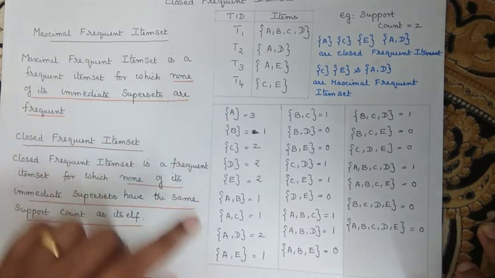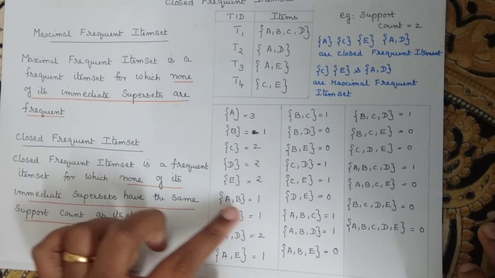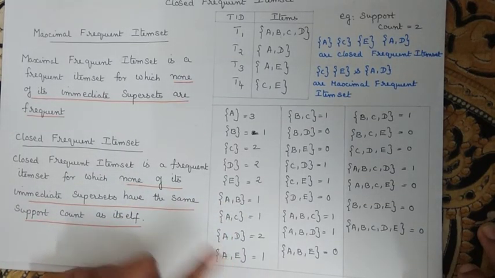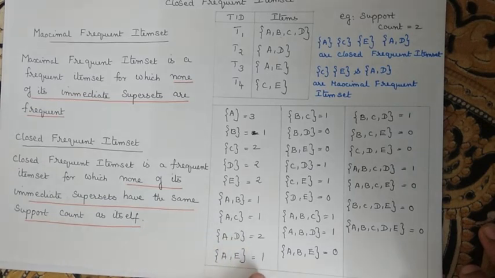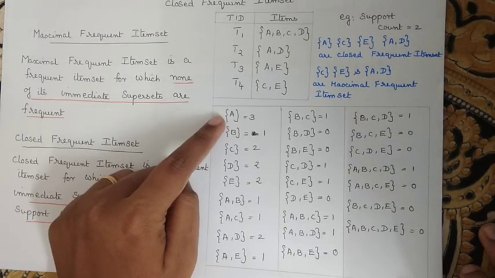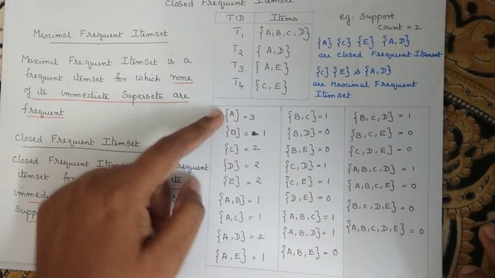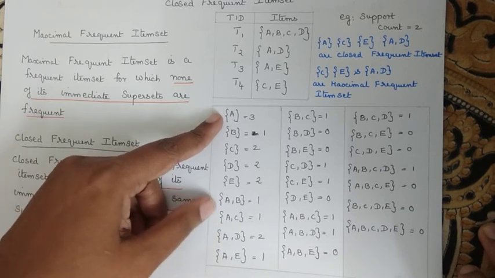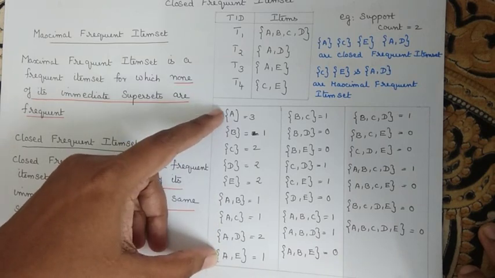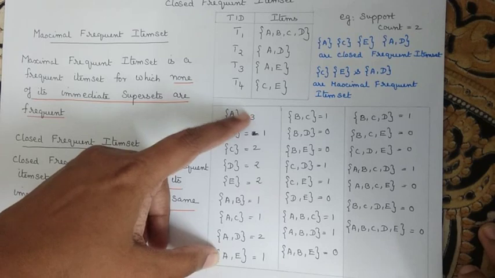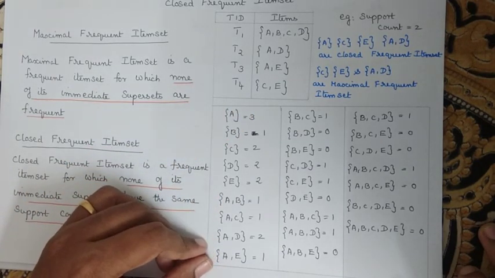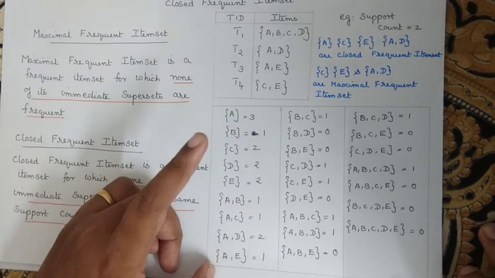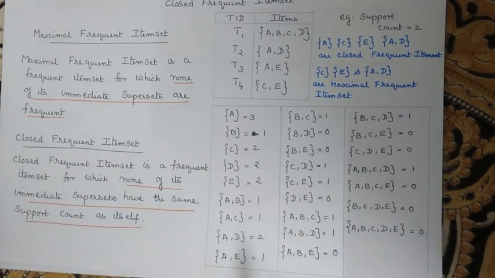I check the count of each: AB has 1, AC has 1, AD has 2, AE has 1. None of the immediate supersets has the same support count as A. A has a count of 3, but none of its immediate supersets has the count of 3. So I call A a closed frequent item set.